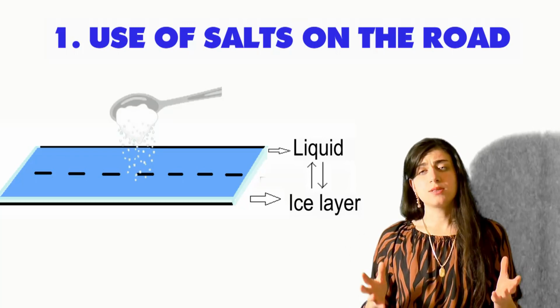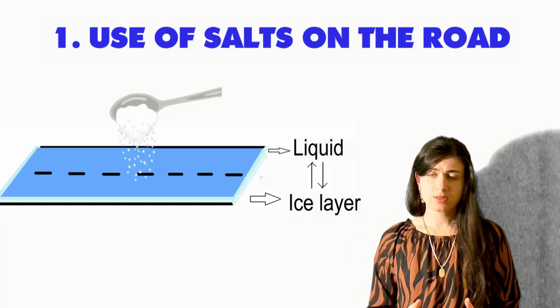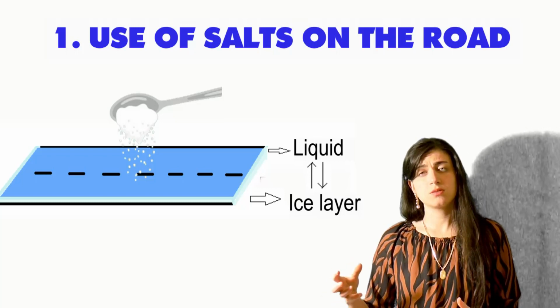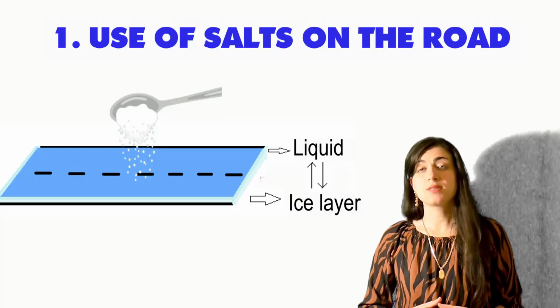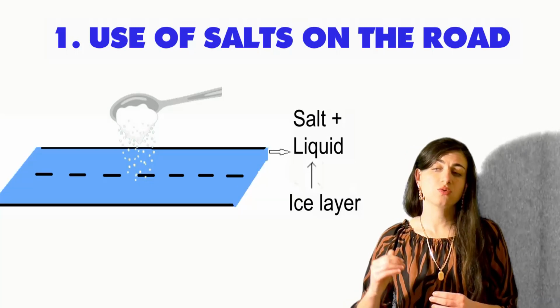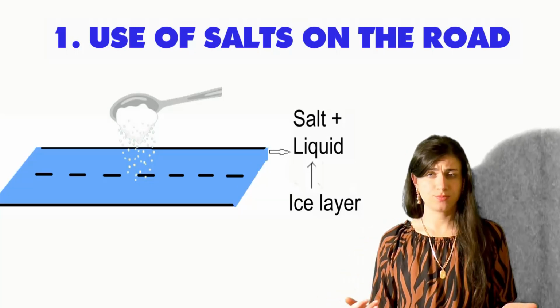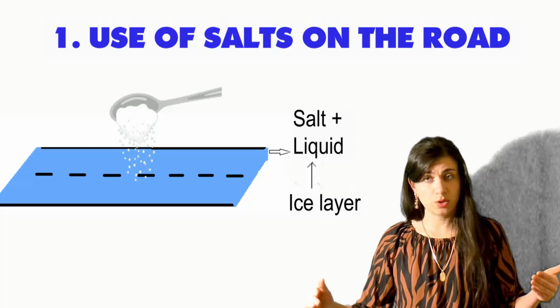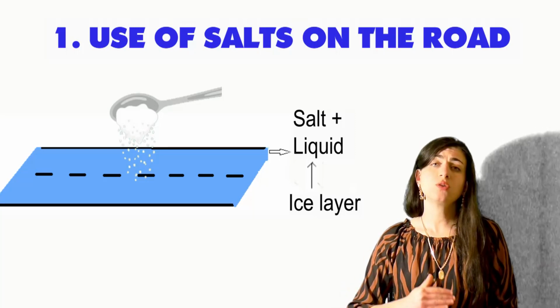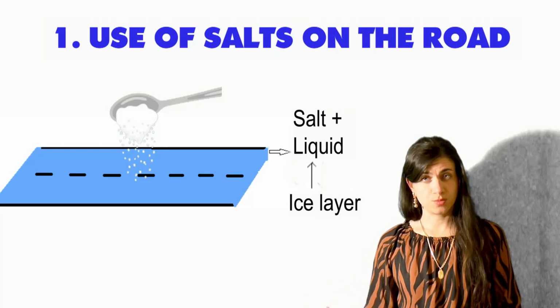We will destroy the equilibrium, because the salt will consume the liquid, and this causes the ice layer to exhaust itself in order to try to install the equilibrium again. But in the end, this equilibrium will be destroyed because no liquid will be there anymore, and so all the ice will be consumed.